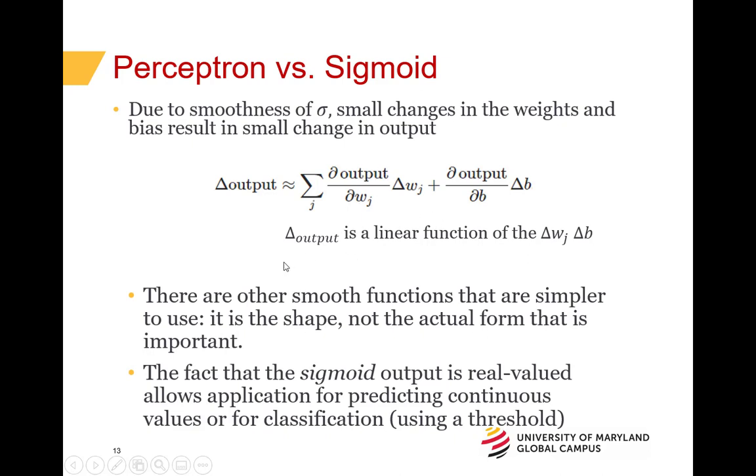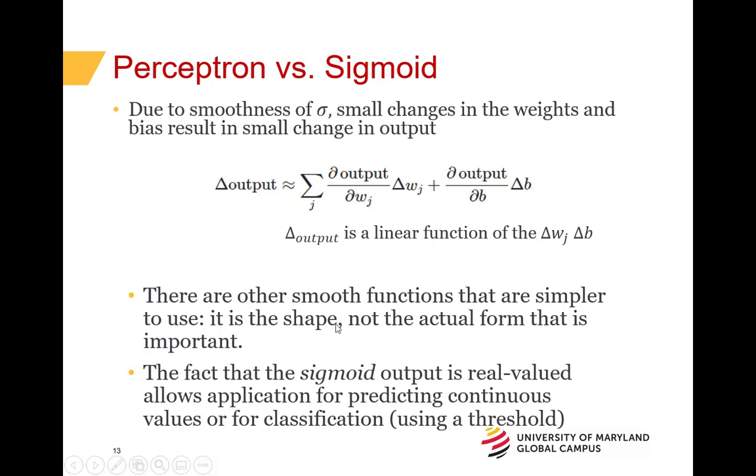The key thing here is the change in the output is small. It doesn't jump, only small changes. Again, it's still a linear function of the weights and the biases, because it's still a linear combination: the products of the weights and the inputs plus the bias.